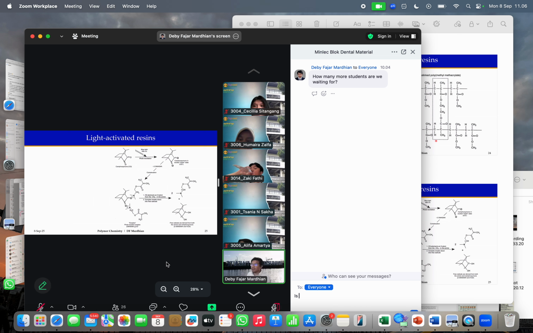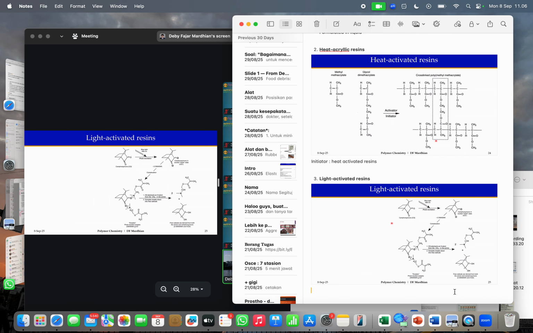So actually, the camphor quinone can also be activated to create radical forms by natural light like sunlight or even the light from a light bulb.